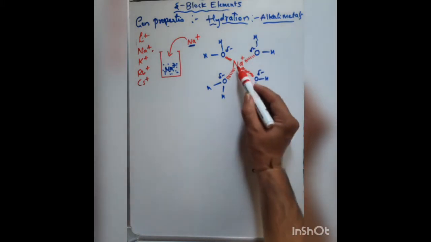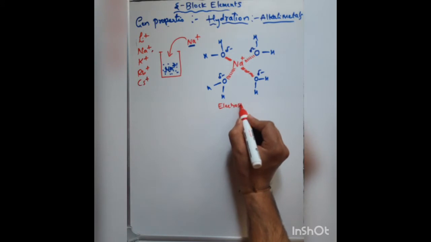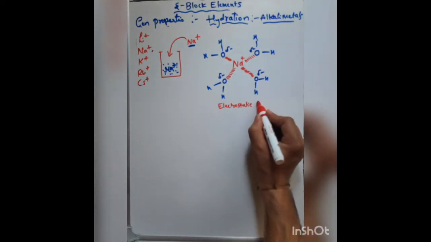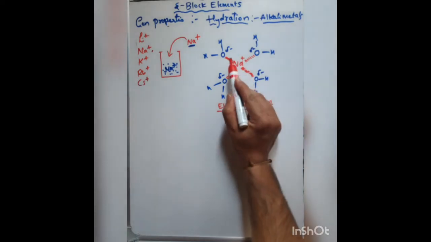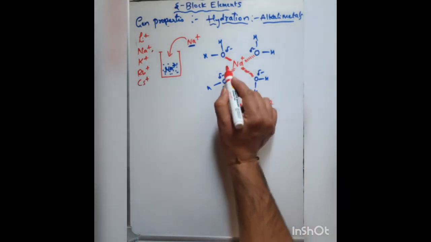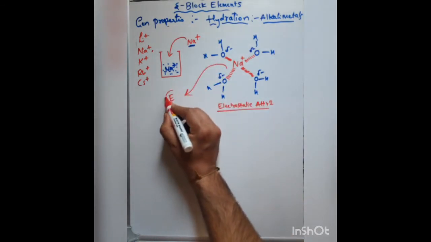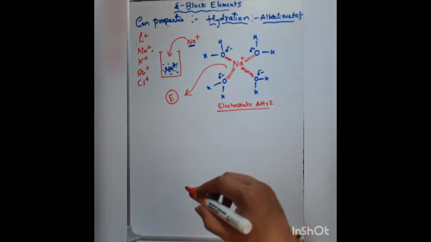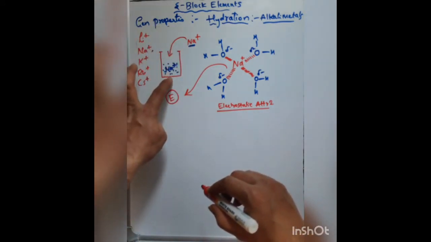Now this interaction is purely an electrostatic force of attraction. Because of this kind of interaction, some amount of energy will be released. So what we have done is we took sodium plus and dropped it in the water.